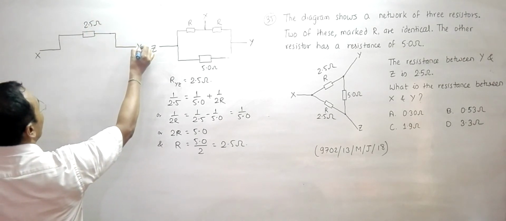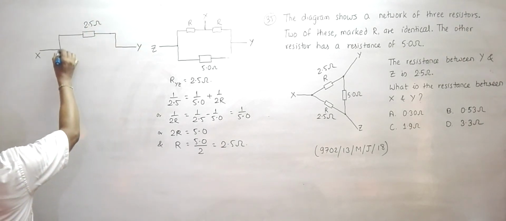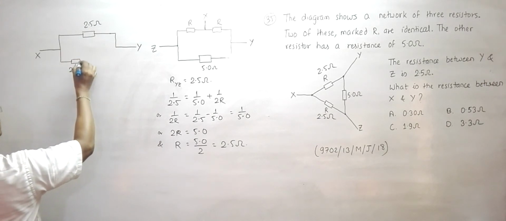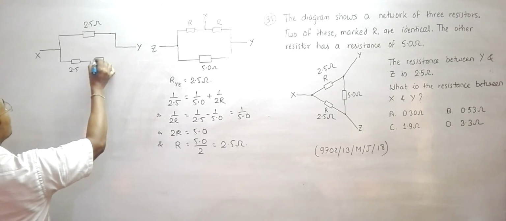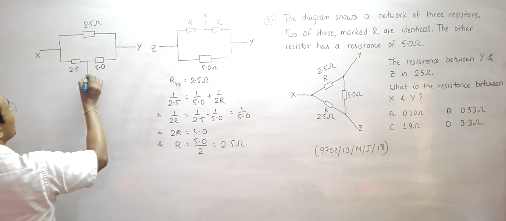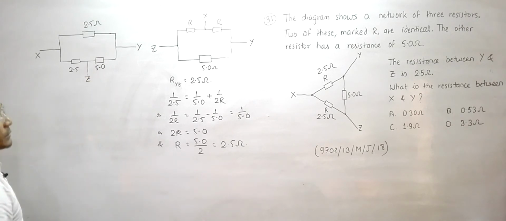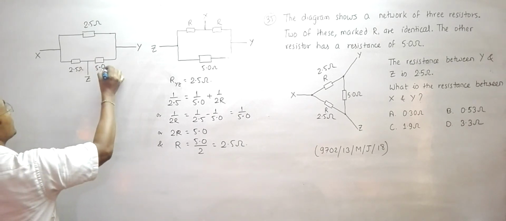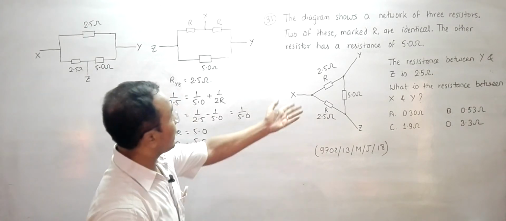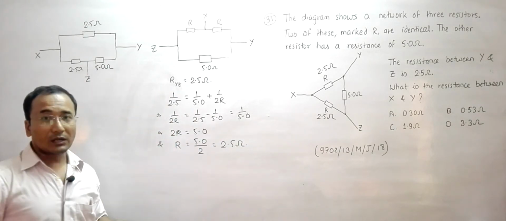This will be Y, and here I have 2 resistors: one of them is 2.5 and the other is 5.0, and this point will be Z. I'm just trying to be a bit more comfortable. We had a triangle here, and I have changed that into a rectangle.